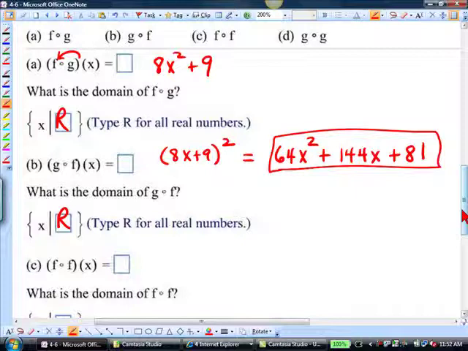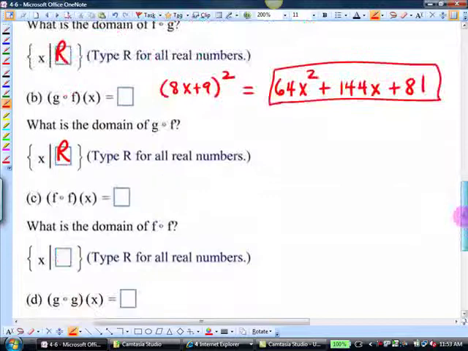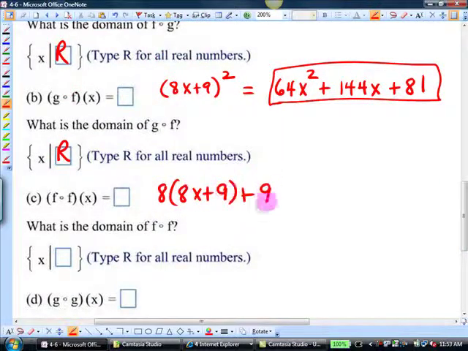Now, f of f of x. What does that mean? We put f back into f. So, instead of x here, what are we going to do? Plus 9. Don't forget the plus 9 on the end.